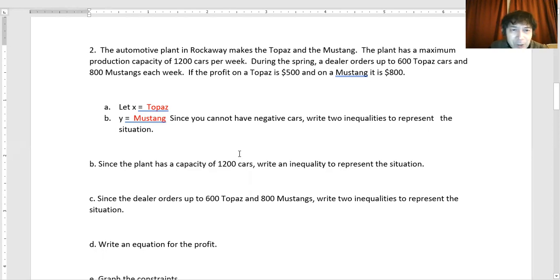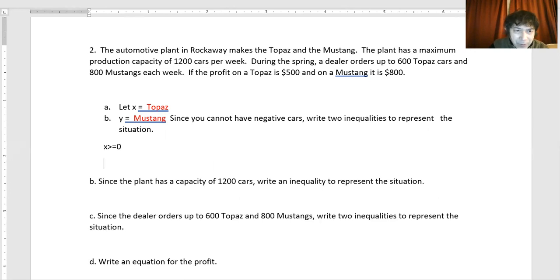And since you cannot have negative cars, write 2 inequalities. I would say X is greater or equal to 0. That means it cannot be negative. Also, for the Mustang, Y is greater or equal to 0. And then we can have this colored red.